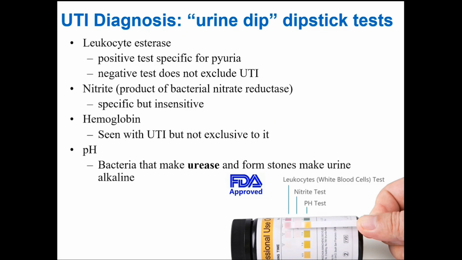Its presence can really indicate that a UTI may be there, but you can again see UTIs without hemoglobin, so it's not an absolute either. And then lastly, there's usually a pH component to these dipstick tests. This is usually most relevant for UTIs when you're concerned about stones and infection stones because of the urease some of these bacteria make. You can see very high pH urine in that case.